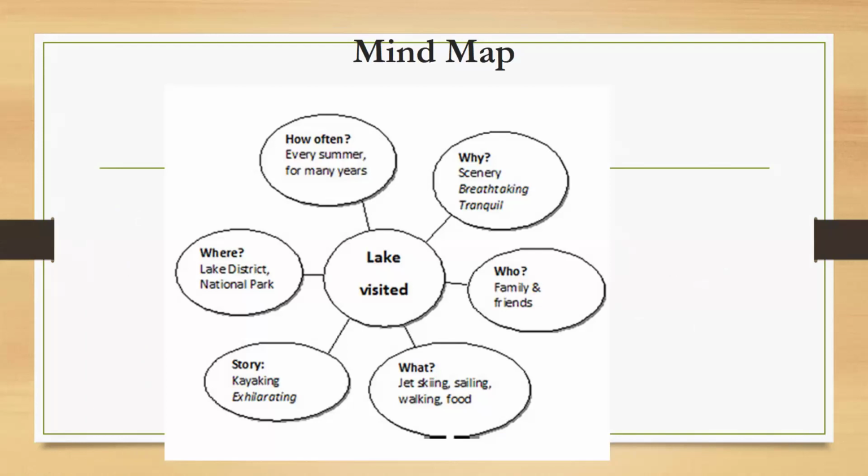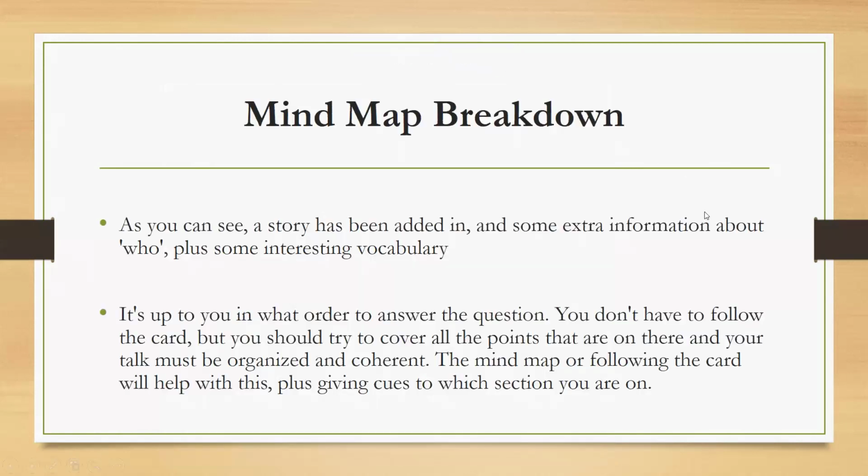Whichever structure you use is entirely at your discretion. Remember, you are not submitting this to the examiner. It's only to help you think, speak fluently, coherently, and in a logical manner so that you can get your band 8 or 9 for the speaking test. Okay, let's make some progress.